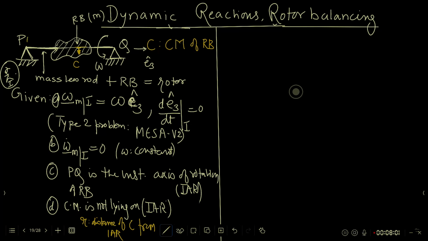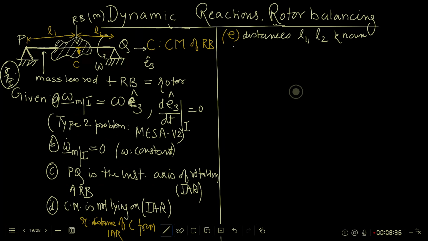Also it is given that this length is L1 and this length is L2. So you exactly know where the center of mass of the RB is lying. It is not equidistant from P and Q, and it is not on the instantaneous axis of rotation.